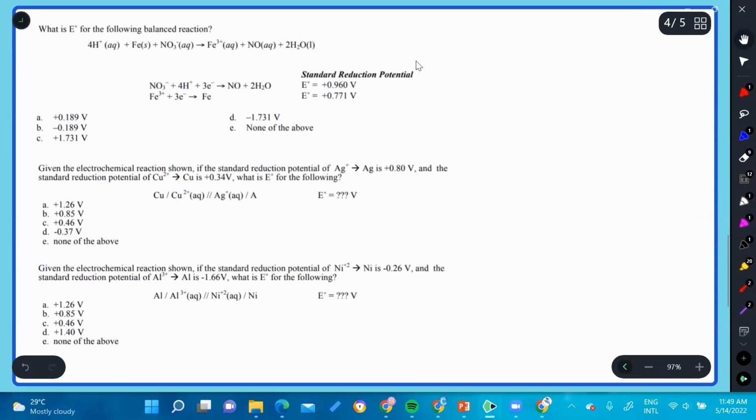All right. Now they said, what is the E naught for the following balanced equation? So I think we have a bit more to work with. But that's fine. So here we have to just look at what is on the left of the arrow versus what's on the right. As I told you, these are already written in terms of reduction.